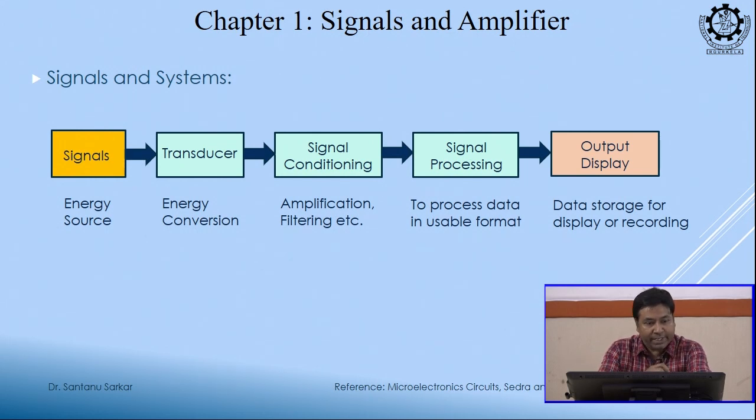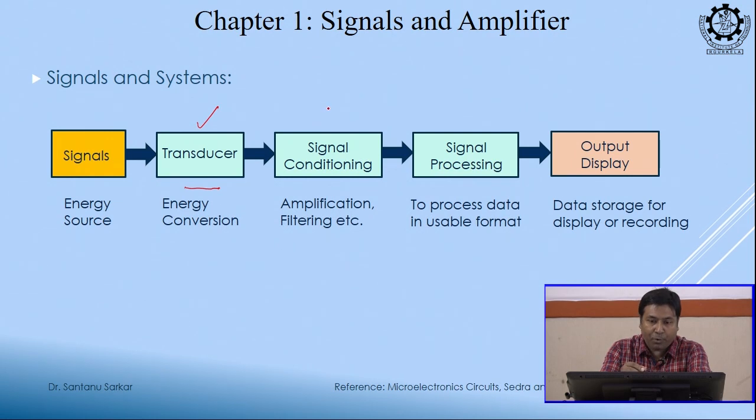Generally after the signals we may need some sensors or transducers. The job of this sensor or transducer is to convert the non-electrical signal to electrical signal. Whatever the physical signal we may have, it will excite this transducer and we will get the electrical signal. The moment we get an electrical signal, it is easy to process by electronic circuit.